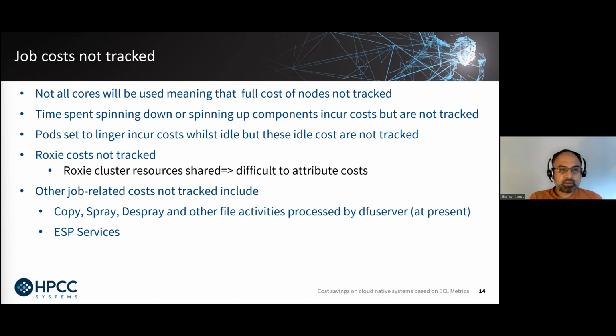There are other job related costs that are not tracked. So copy, spray, despray. These are something we're looking at including. But there are also things like ESP services. So if a Thor calls out to an ESP service, it incurs a cost, but it won't show in any of the stats.